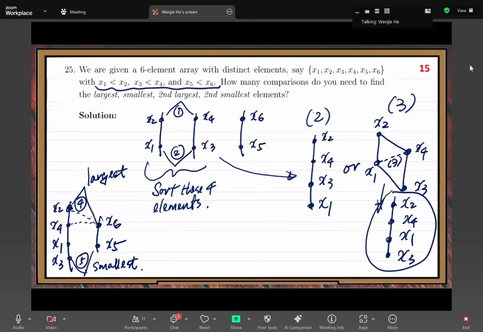So after another comparison, number 6, you get the second largest. Here similarly, in the worst case, you need a seventh comparison, and you get the second smallest.